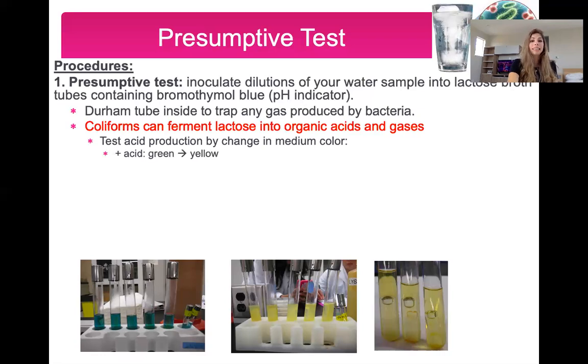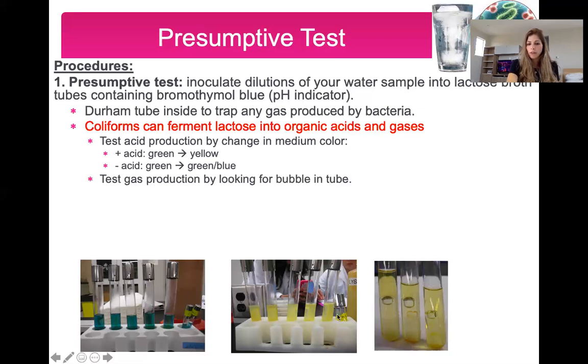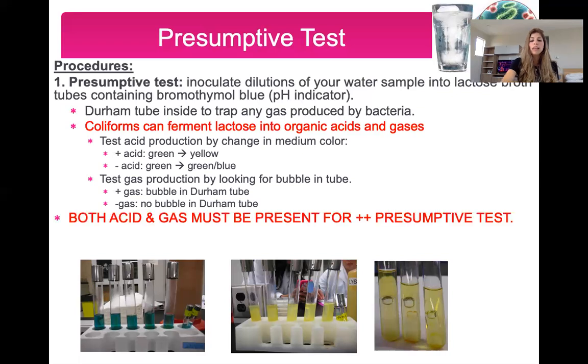Yellow means that they did produce acid, and then you test gas production by looking at the Durham tube. If you see a little bubble, that means that they did produce gas. So for there to be coliforms, you need to see both acid and gas, meaning that when you look at your tubes, they have to be 2 things. They have to be yellow, and you have to see a bubble in the Durham tube.